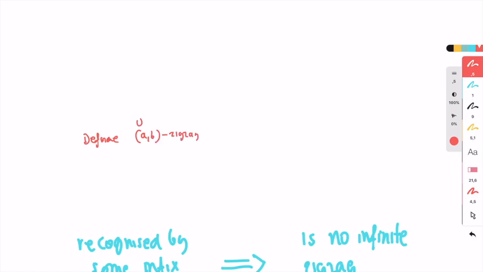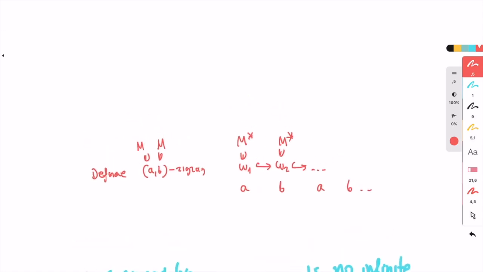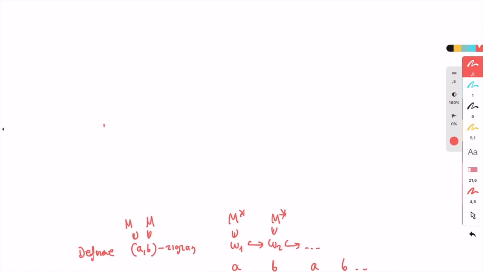These are two elements of a monoid. It is just a sequence of words W1, W2, and so on, all of them in the monoid, such that this guy gives A, this guy gives B, A, B, and so on. So this is an AB zigzag in the monoid, and the lemma that we're going to prove is the following.